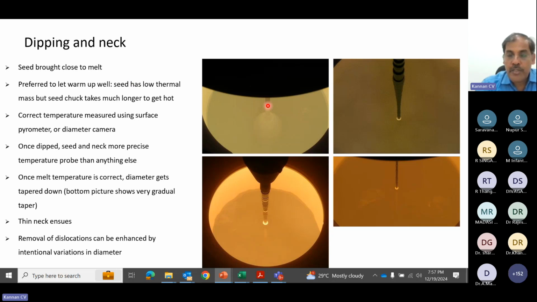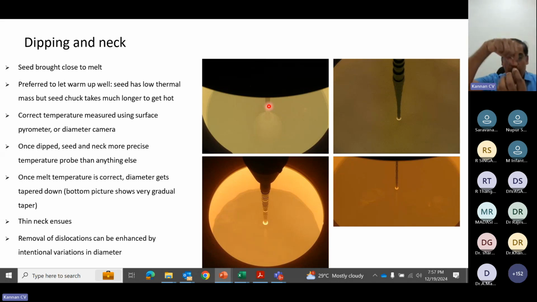Sometimes the silicon temperature is very high and it can melt the seed also, so you cannot establish the interface. Establishing the interface is very critical for the quality of the crystal, because you're putting the seed into the molten silicon. If the temperature is very high, it will melt the seed, so you have to adjust the temperature and the rotation, and establish good contact.